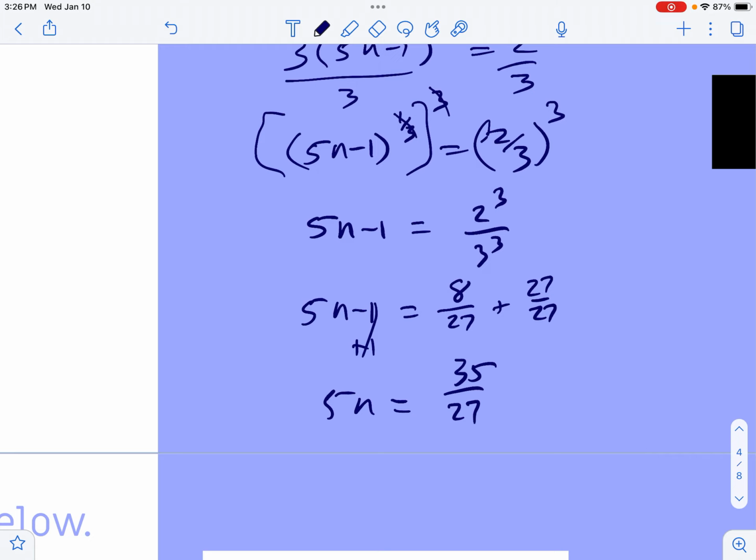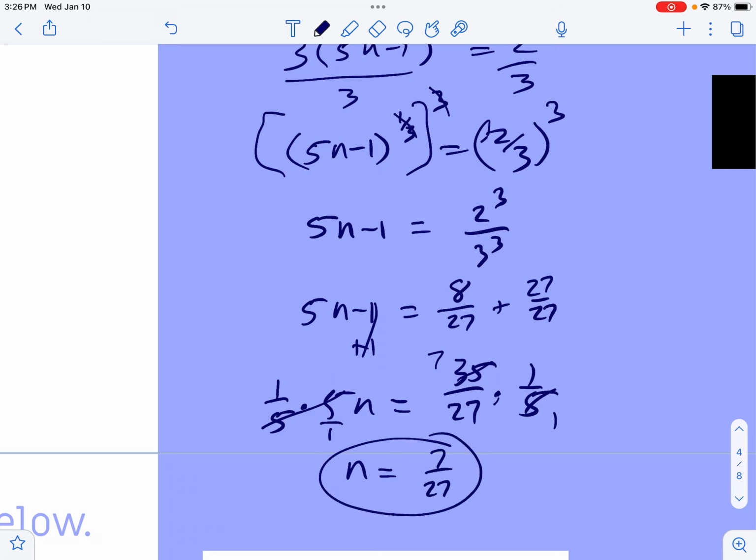Divide by 5, or I could multiply by 1/5. I think I'm going to do that because I have a fraction over here. That's 5 over 1. They cancel out, 5 goes into 5 once. It goes into 35 7 times. So I end up with 7 over 27 as my answer.